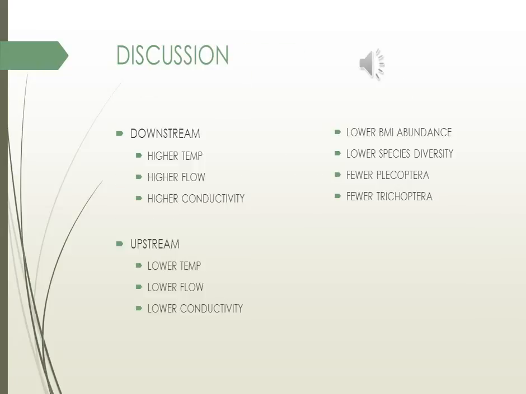So in the discussion, I will go over how a number of our dependent variables varied significantly between the upstream and downstream site. The downstream site had significantly higher temperatures, higher flows, and higher conductivity, indicating significant changes to the freshwater habitat below Hyalite Dam and reservoir.